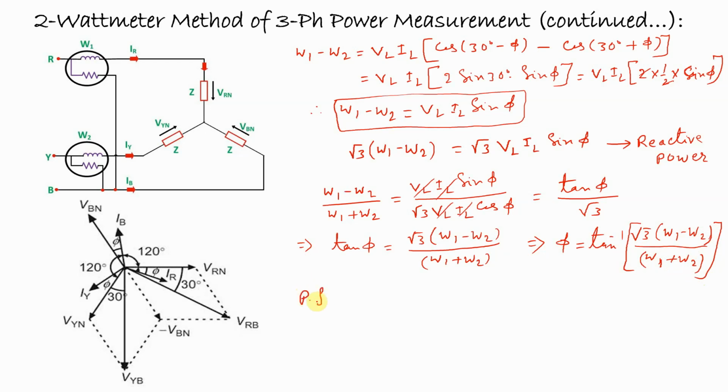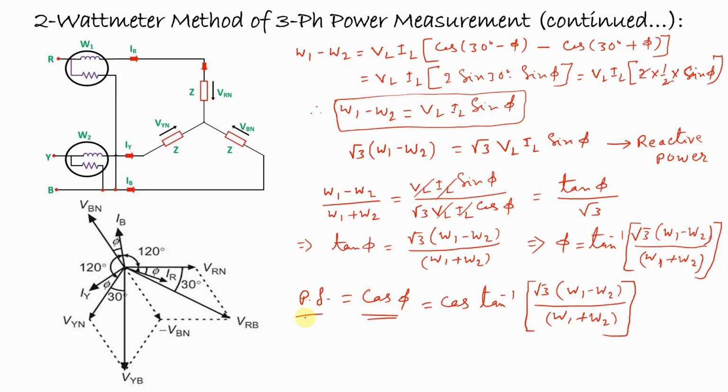The power factor is considered as the cosine of this phase angle. So the power factor can be calculated by using the formula cos of tan inverse root 3 W1 minus W2 upon W1 plus W2. By using this formula, we can easily find the power factor of the three-phase load.